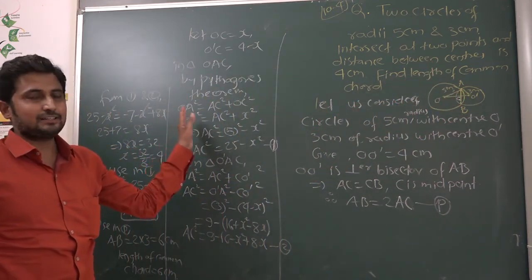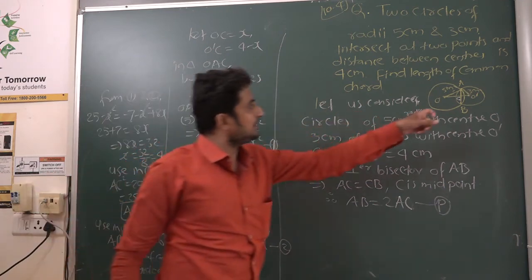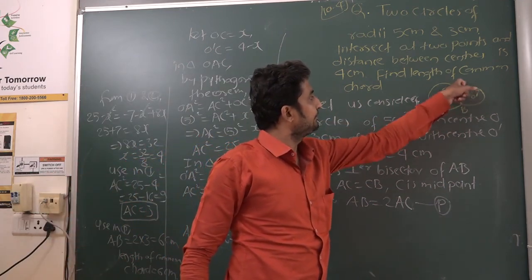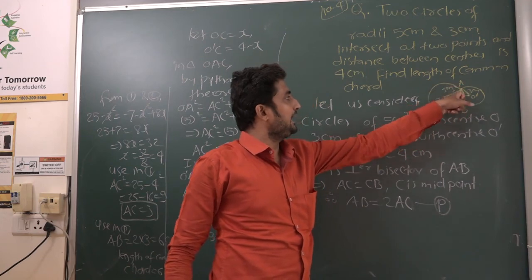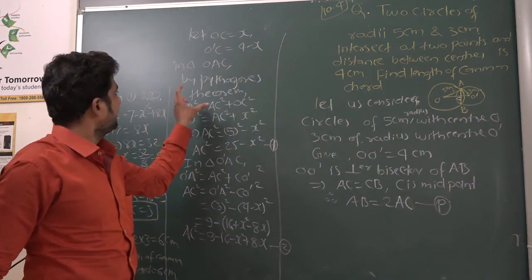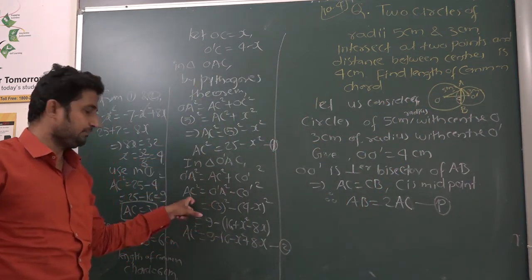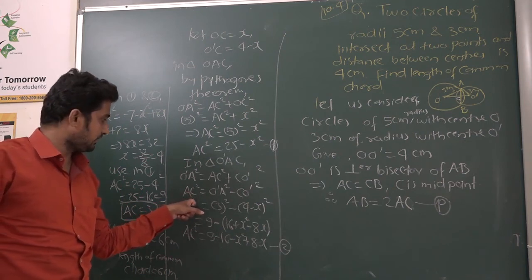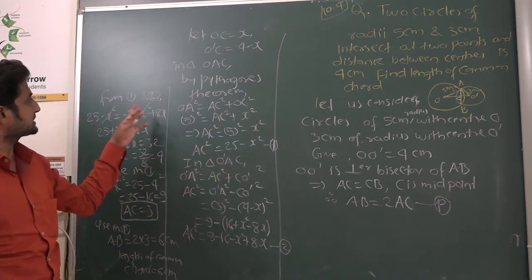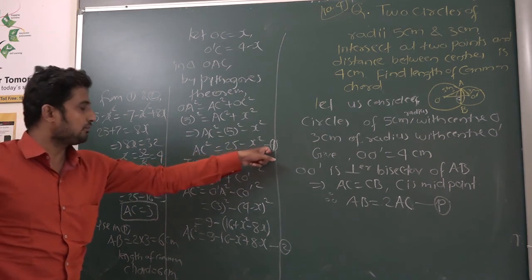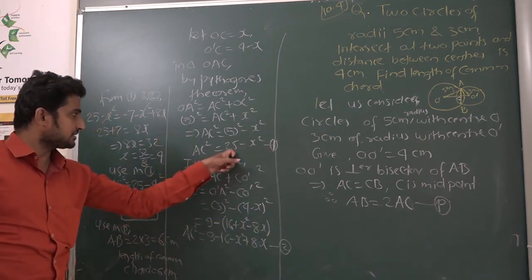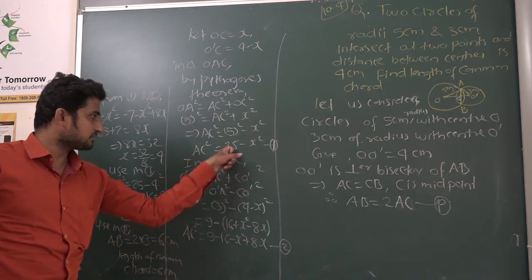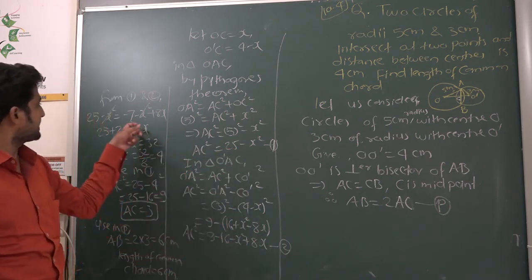Here we are considering the Pythagoras theorem for both triangles, AO'C and ACO. In both triangles we are forming the relation. We are equating AC square on both sides. This we call equation 1. This we call equation 2. If LHS are equal, then RHS must be equal. So we are equating this.